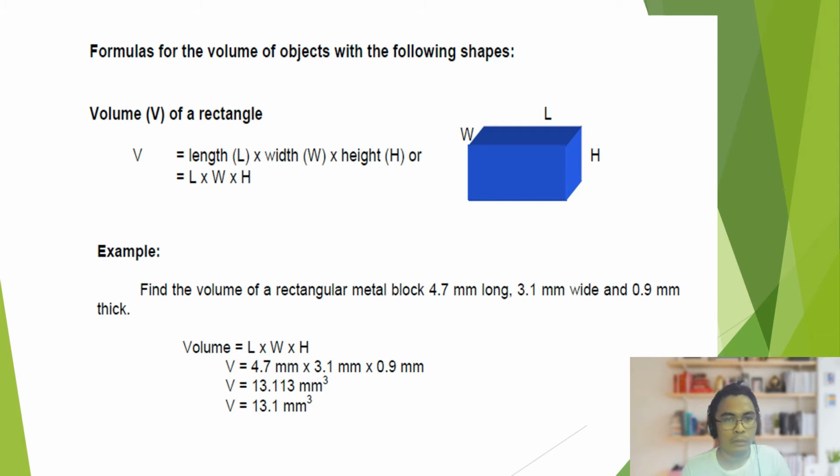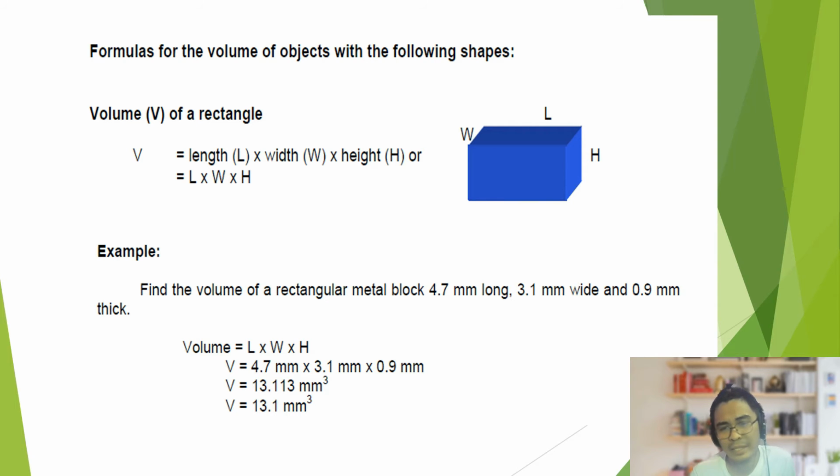Now, what about the volume of objects? For the volume of an object, since it's 3-dimensional, as I have said in the previous slide, we now account for the height of the object. We are not just limited to the length and the width. So here, we have 3 values that we need to get a product of: the length, the width, and the height. Same as with the area, you also need to make their units the same before you get their product.